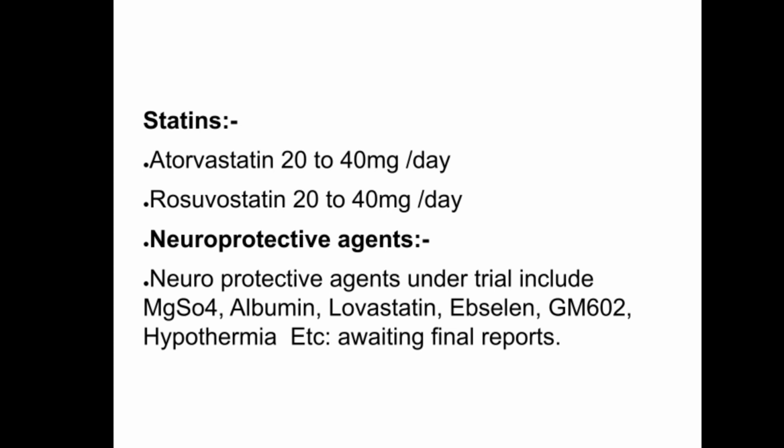And when there is elevation of triglyceride alone, you can consider fibrates. Neuroprotective agents are not clearly mentioned as effective, but still consider magnesium sulfate, albumin, lovastatin and high dose vitamins.